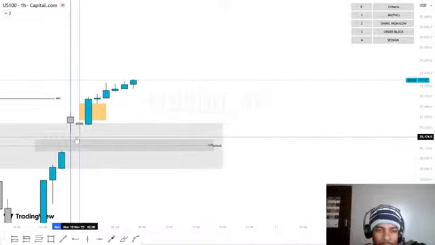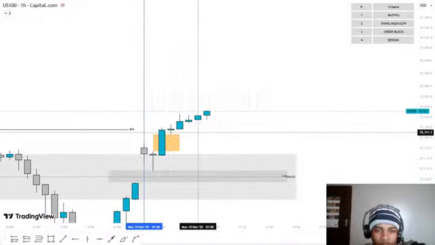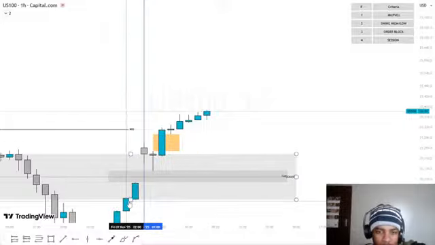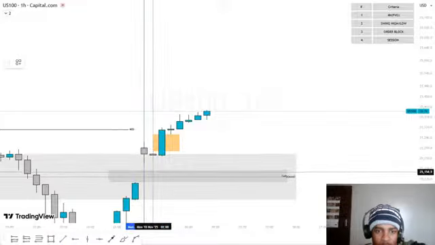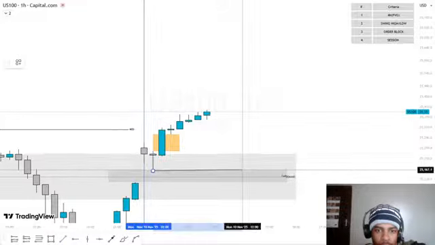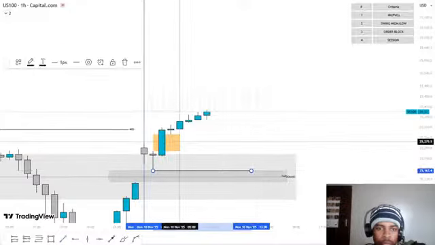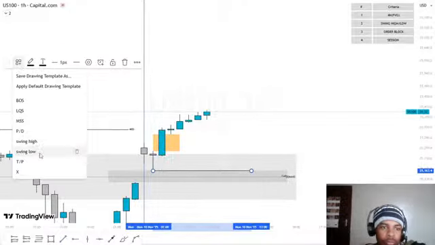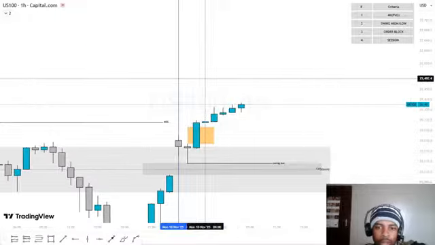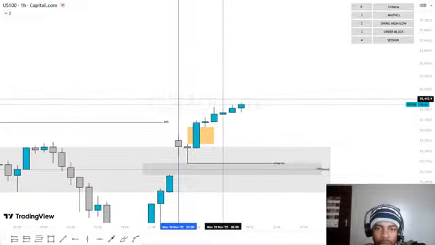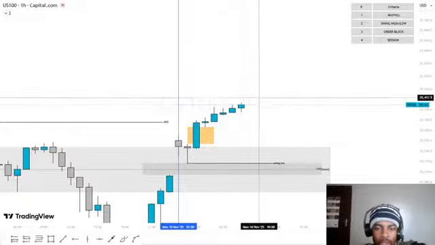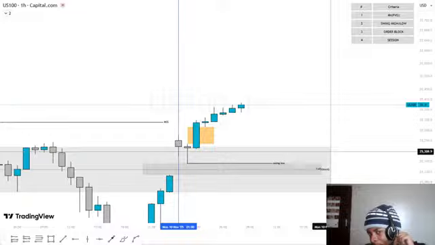After finding the fair value gap, I'm expecting price to come back and retest here. There has to be a swing low, and the market must start creating a swing high somewhere here.